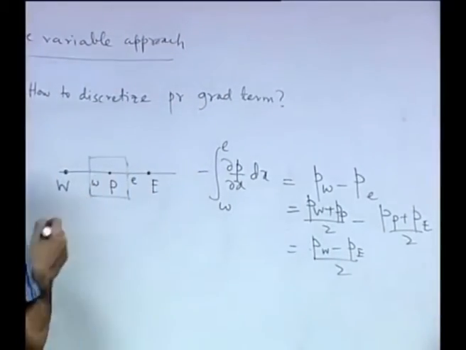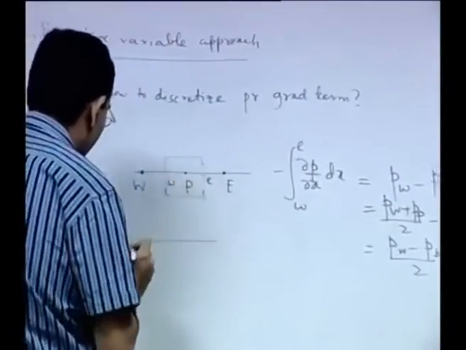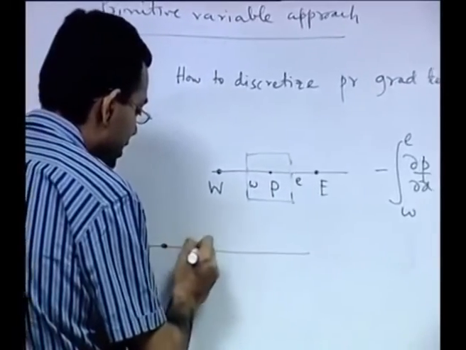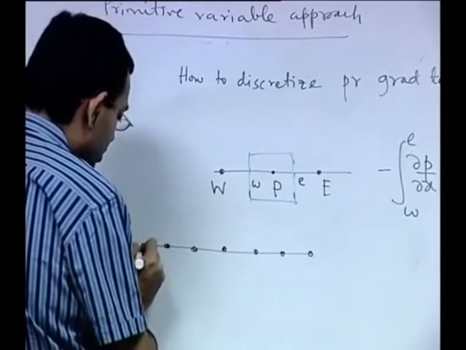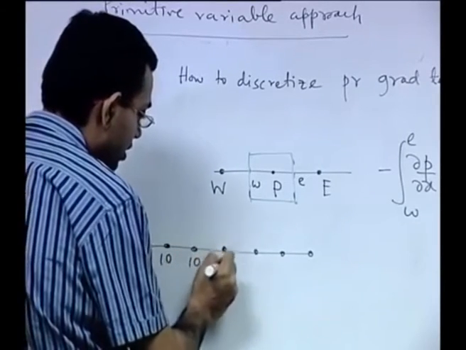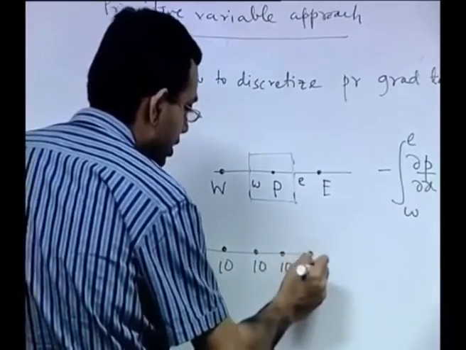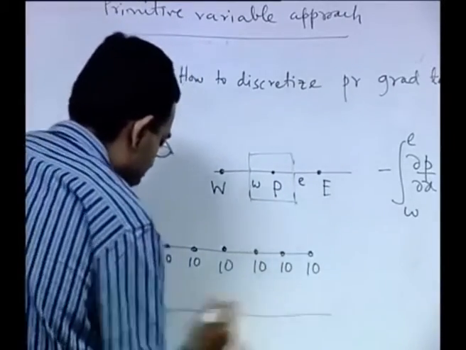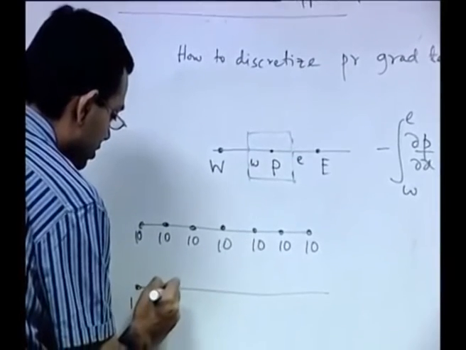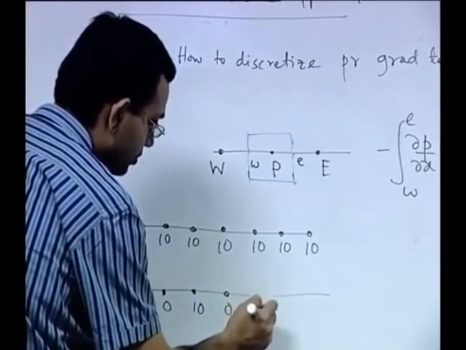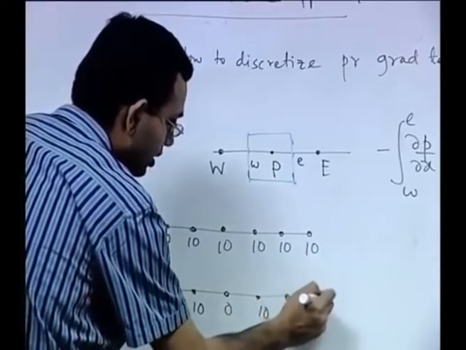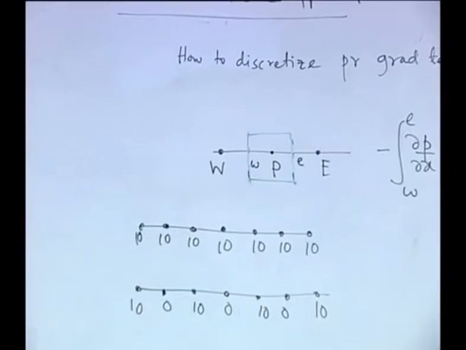Now, let us consider two examples. In one example we have the pressure field like this: 10, 10, 10, 10, 10, 10, 10. In another case we have a pressure field like this: 10, 0, 10, 0, 10, 0, 10. Let us try to calculate the body force in these two cases.